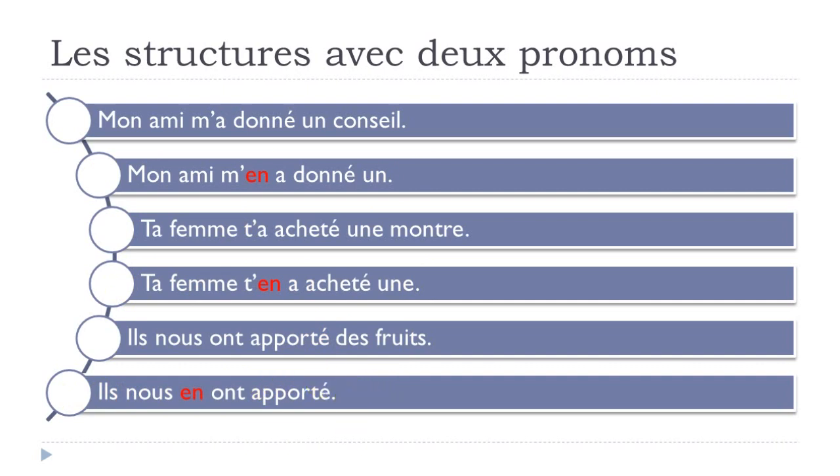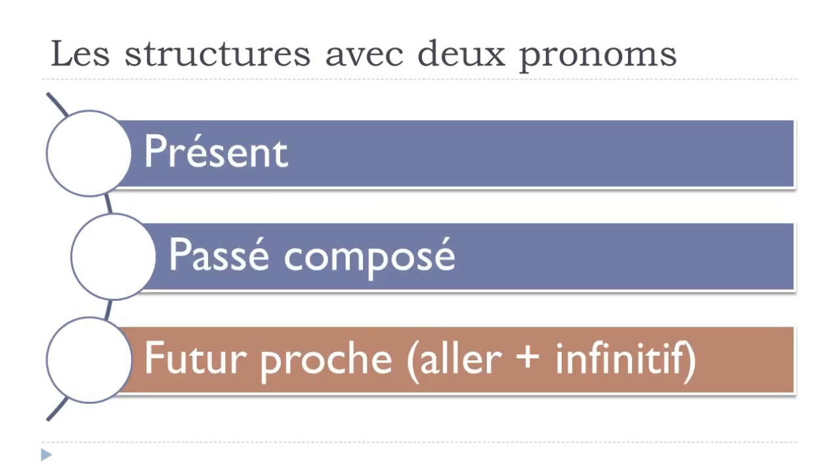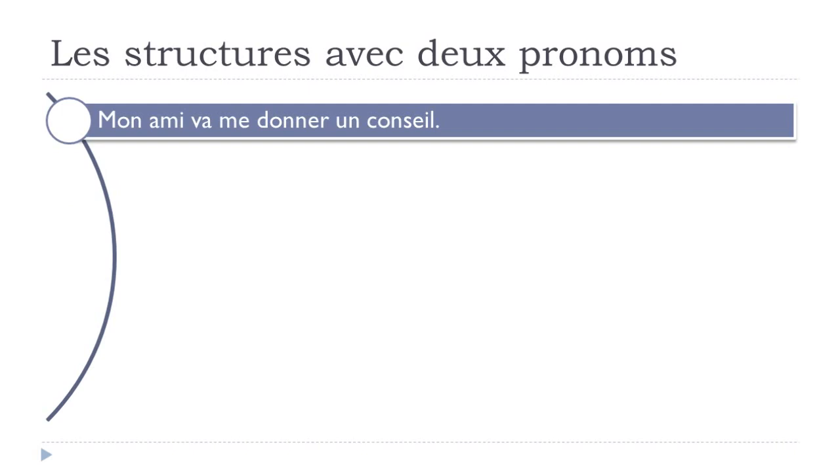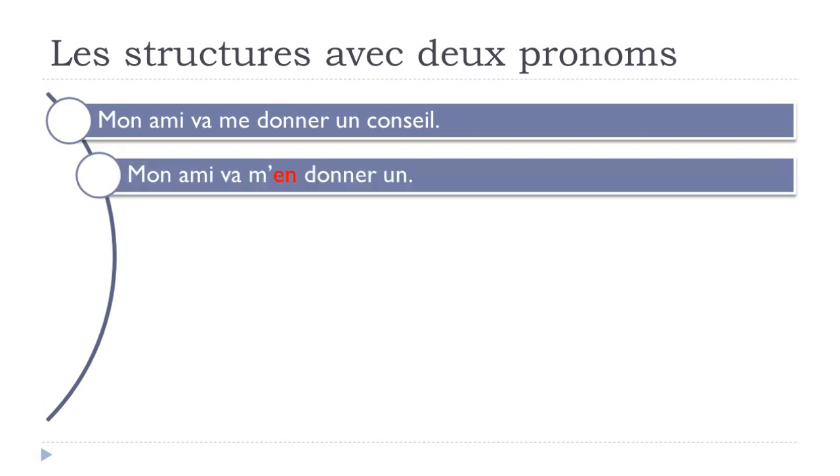And then the last example we'll see with the futur proche. In that case, it will be quite interesting because we will have two verbs. So let's see. Mon ami va me donner un conseil. Exactly the same idea. We'll replace un conseil by en, and then we see how it goes. Mon ami va. Here you've got this verb aller, the first verb.